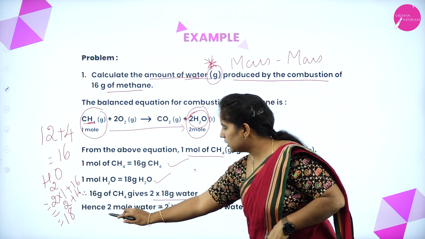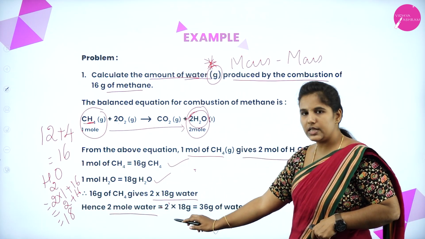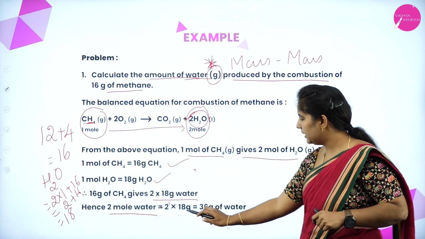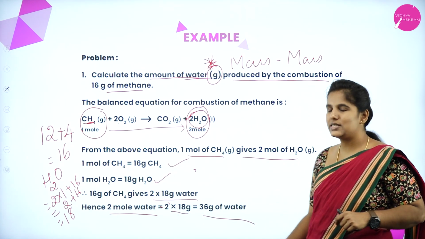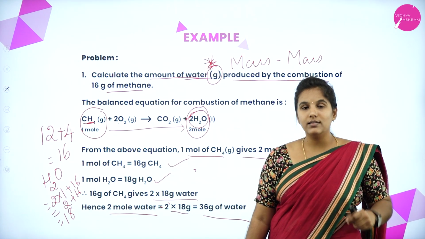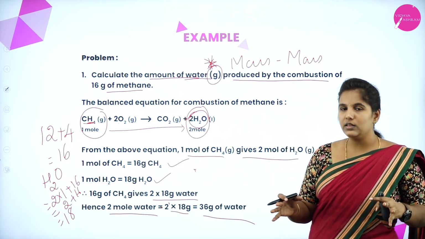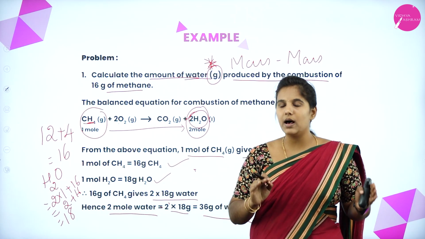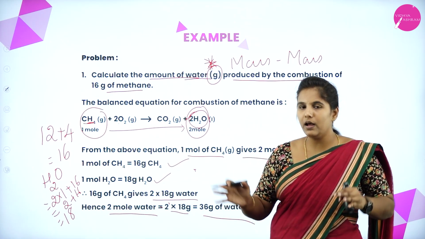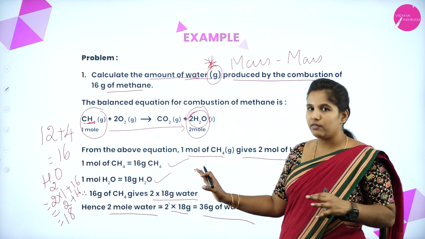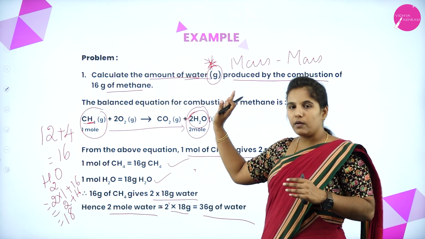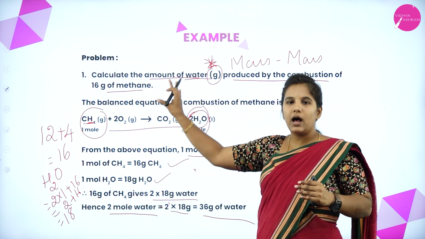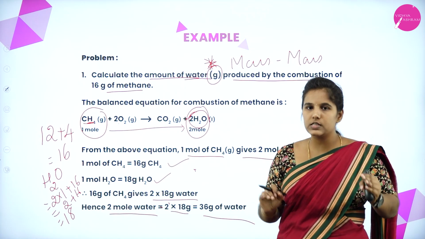So the 2 moles of water is equal to 2 into 18 gram. This is how they have given the problem to express the relationship between the mass and the mass. Remember, from this formula they have given the mass, and from that mass we need to calculate the mass of the amount of water which is formed.